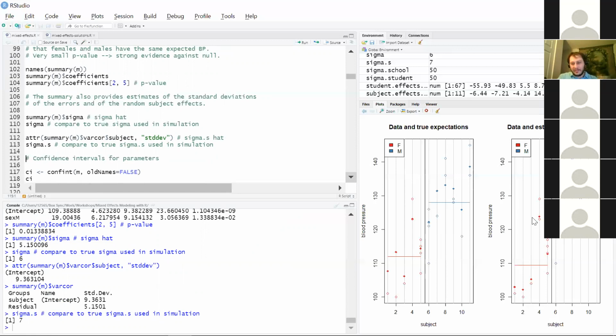We have 1, 2, 3, 4, 5 subjects from one group, 1, 2, 3, 4, 5, 6 subjects in the other group. They have 1 to 4 measurements per subject. This is really not much data. So I think it's quite a credit to mixed effects modeling that these estimates are quite nice, because when you're bringing to bear an approximately accurate assumption, then you're really going to squeeze as much information as possible out of every ounce of data that you have.